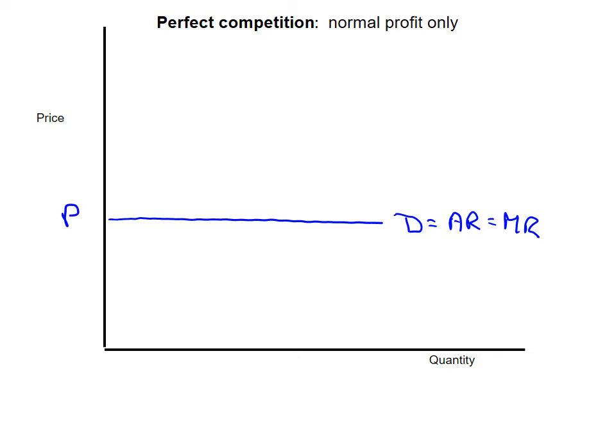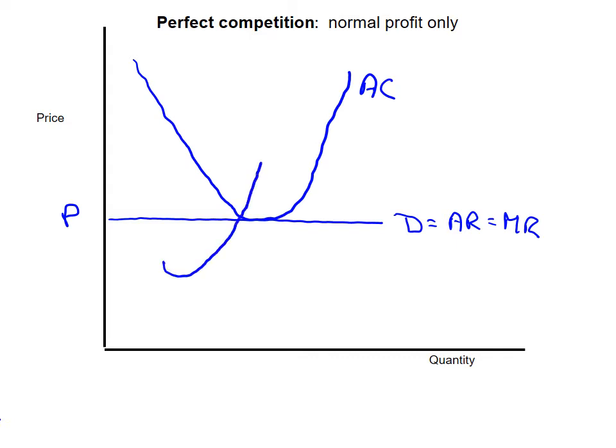We'll call this the price. We'll bring the average total cost curve down so it just touches. Here's average cost. We're going to bring marginal cost through the minimum. It's not quite through the minimum; you'll see it on the next diagram. It should be a little bit over here.